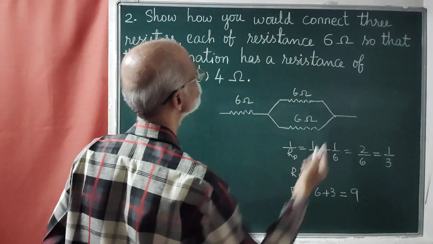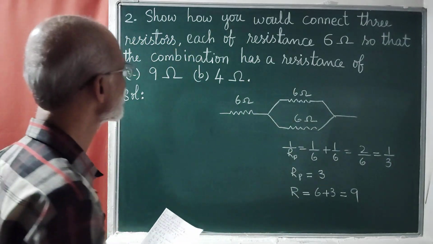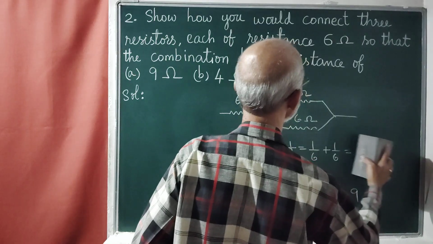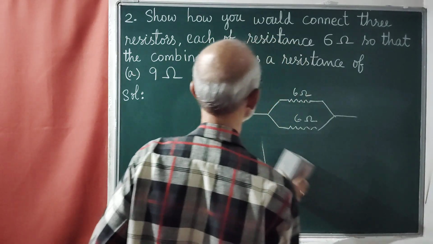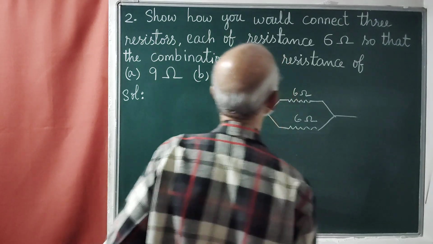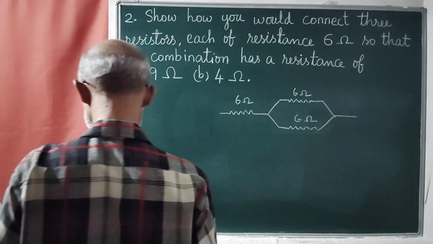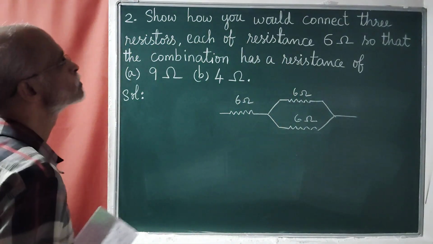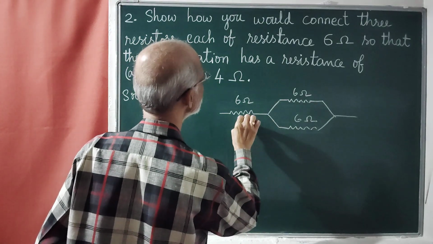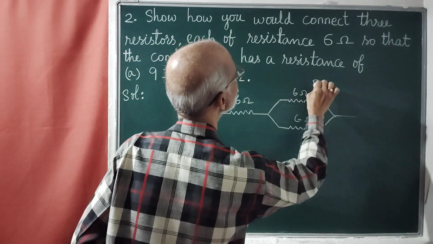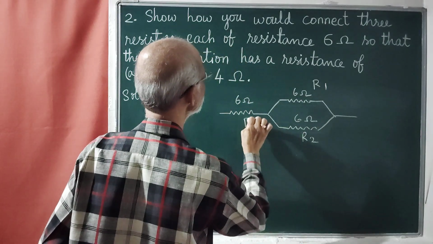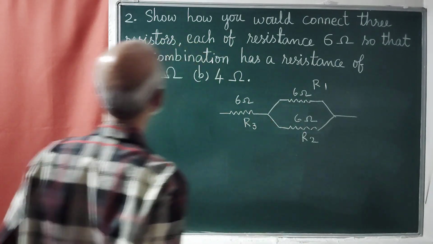We put it in this way. So let this be R1, let this be R2, let this be R3.